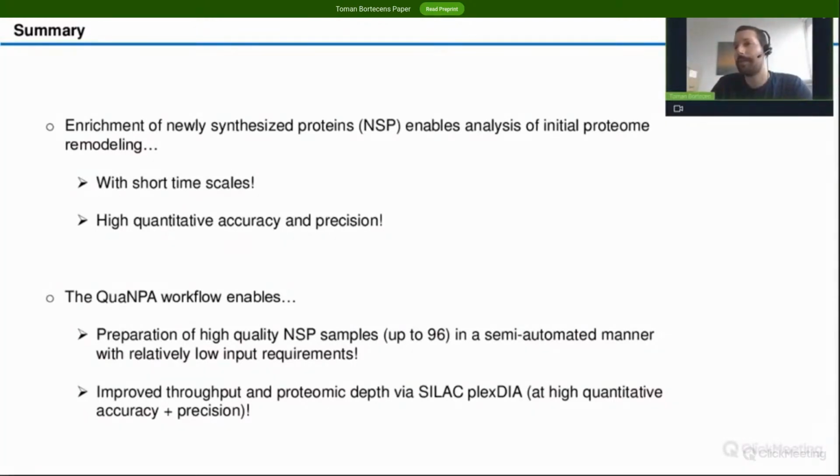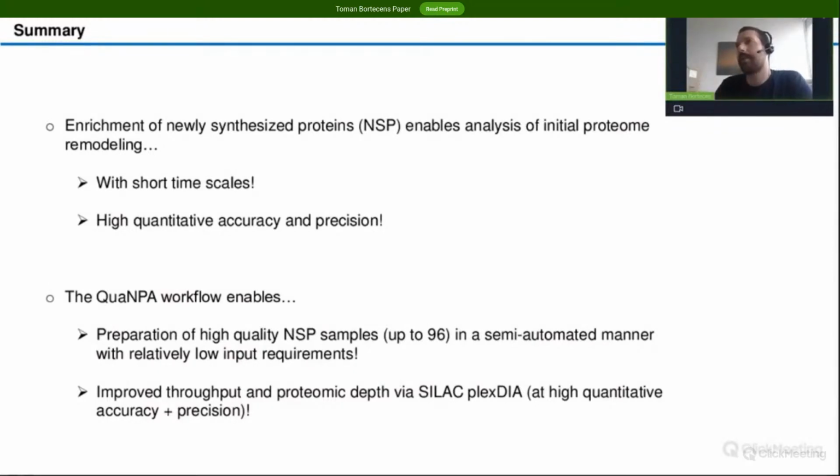Furthermore, by adapting PlexDIA to be compatible with SILAC labeled samples, we were able to improve the throughput and proteomic depth of the measurement of these samples.